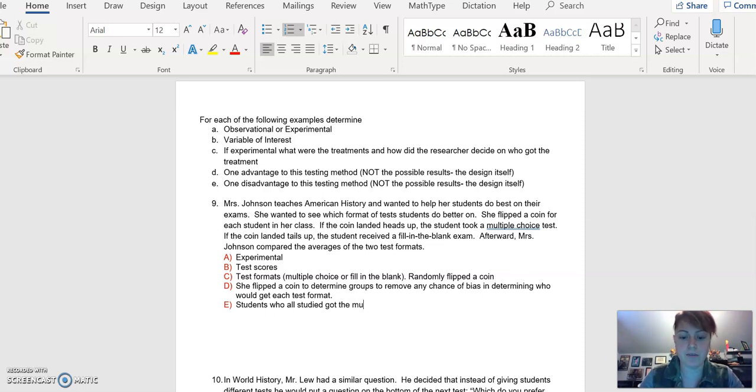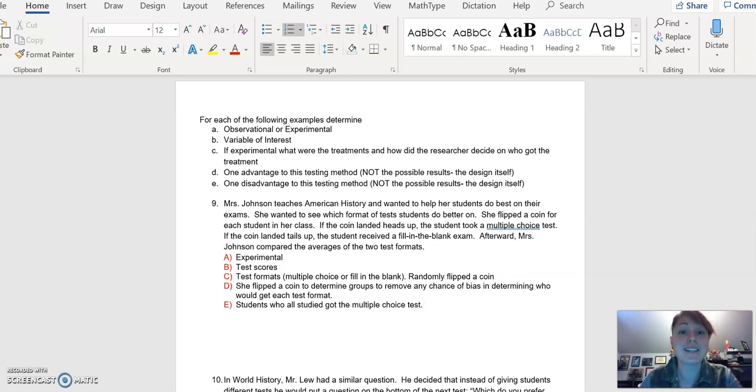So the problem with that is that you might get data that shows that multiple choice is the way to go and everybody should do multiple choice. But really, it wasn't the multiple choice that was better. It was the fact that those students all studied, right? So it was the studying that made the good test results, not the multiple choice test. So that's one possible issue.